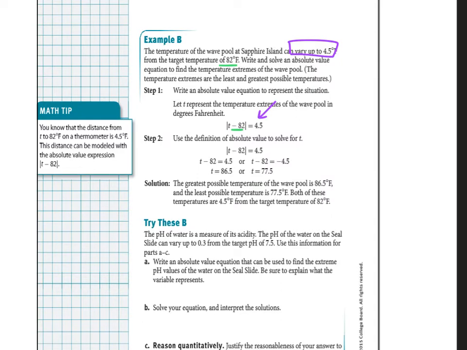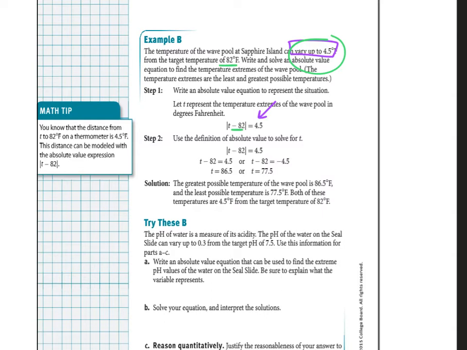Because again, it could be 4.5 above 82 or 4.5 below 82. So the absolute value, the 4.5, is the amount that it actually can vary. So we get our equation that's set up. Okay, we take a look. It's the absolute value of t minus 82 equals 4.5. So there's nothing on the same side of the equation as the absolute value. It's already isolated, in other words.